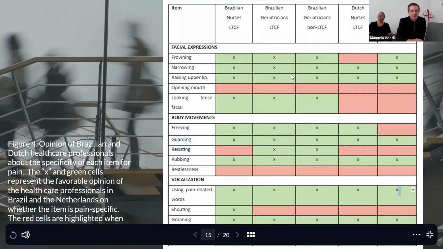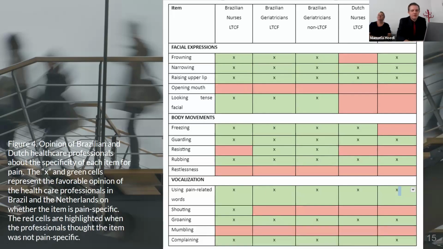And you can see that we have disagreements in some items, but most of them were in agreement between the Brazilian and the Dutch version.